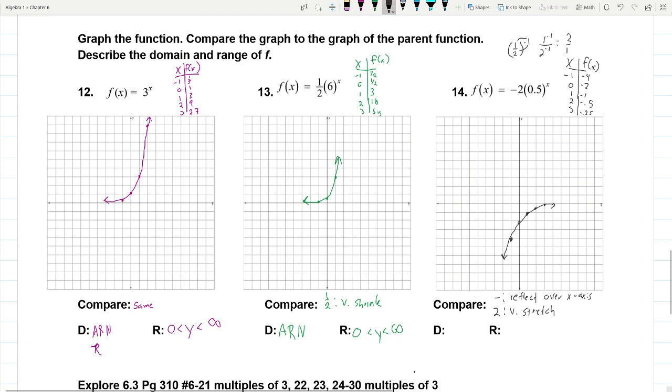And our domain is still all real numbers. And our range, instead of going from 0 to positive infinity, goes from -infinity, because that's the end behavior of this one right here. So -infinity is less than y, which is less than 0, and we go up to but don't actually cross 0. And again, we'll talk about what that means and how that works.